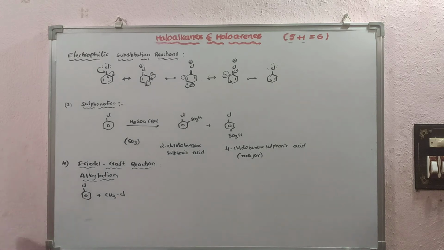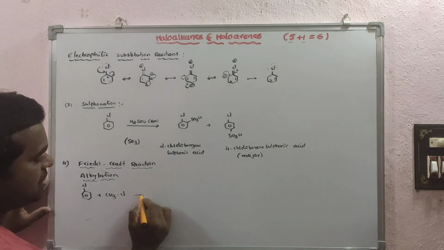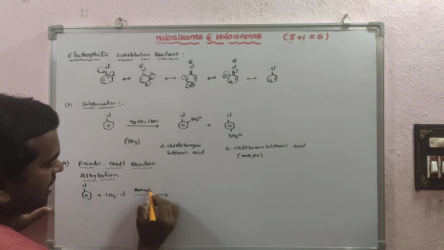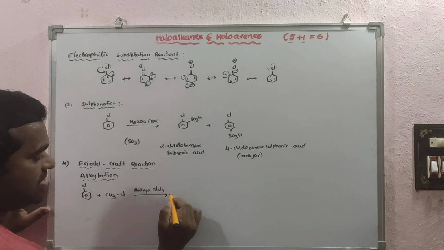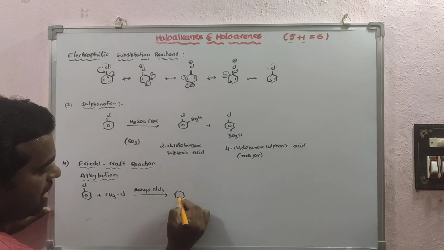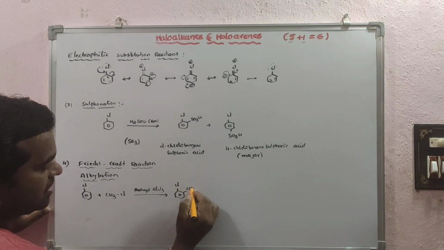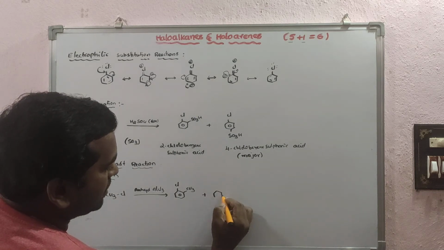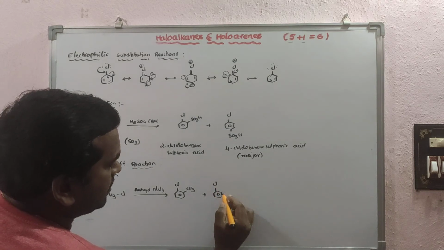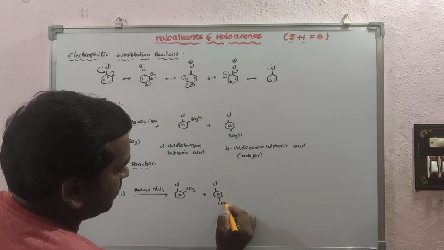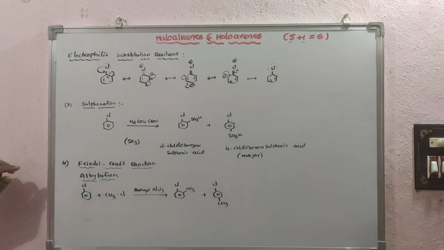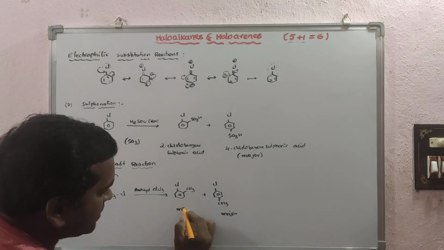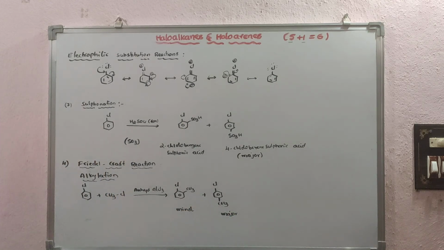Suppose I take methyl chloride in the presence of anhydrous AlCl3 or FeCl3, then you will get the ortho and the para compound with CH3. Which one is the major product here? This is always the major product and this is always the minor product.